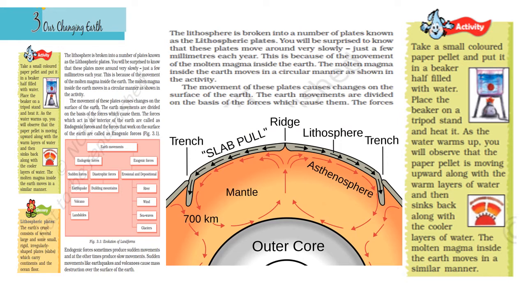These are lithospheric plates, and beneath them is the mantle, which is the magma chamber. See how it moves in a circulatory manner, and this movement causes the movements of the lithospheric plates.